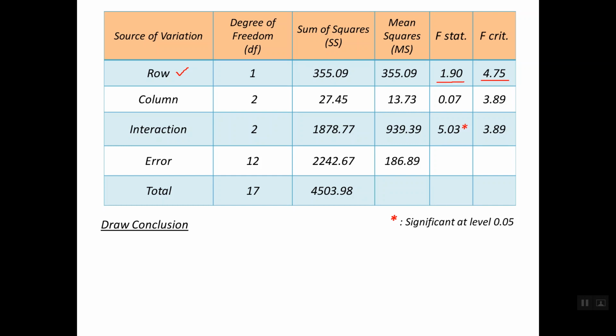So as the value of the F statistics is less than the F critical, we accept the null hypothesis for the first row. And the null hypothesis for the first row states that the means of the first factor are equal. And actually, how many means do we have? We have 2. So for the first factor, the first mean is the same as the second mean.